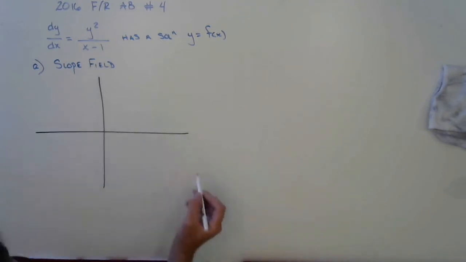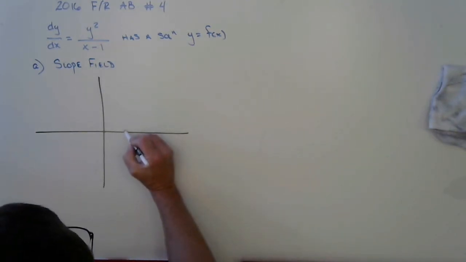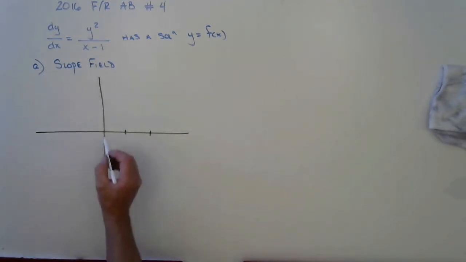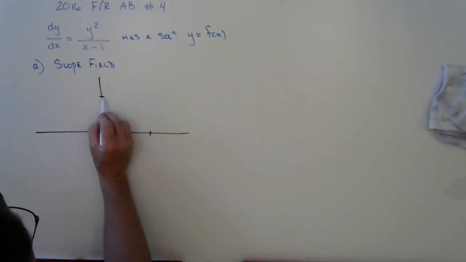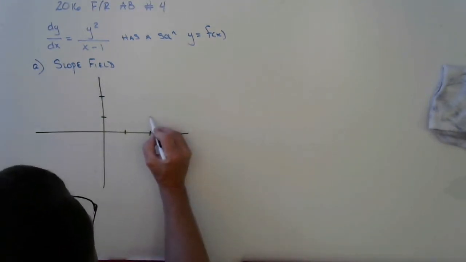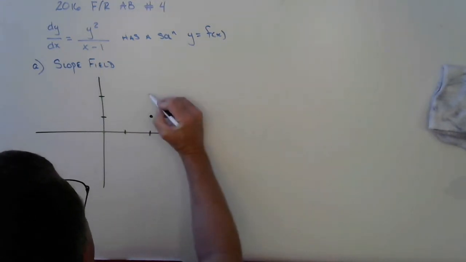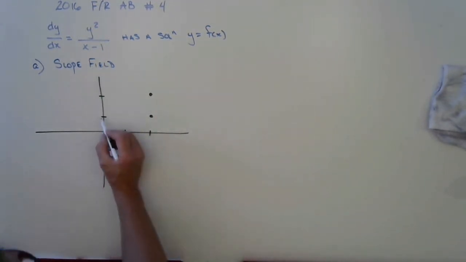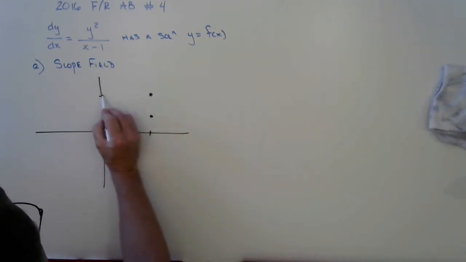Here's my y-axis, here's my x-axis, and this problem says I have points 1 and 2 labeled, and there are dots in the solution at 2, 1 and at 2, 2, and there are also dots at 0, 1 and 0, 2.